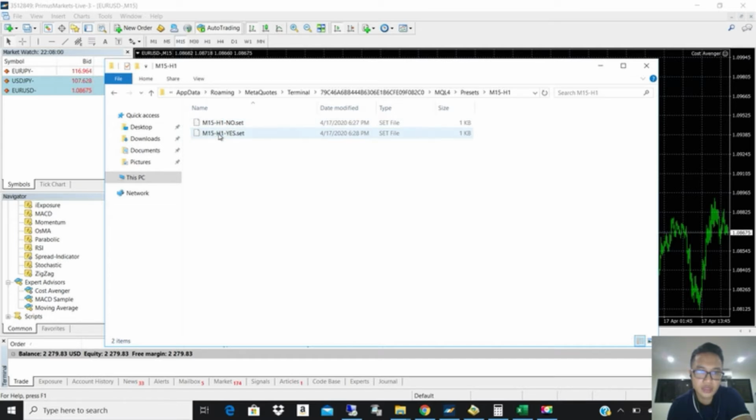Now, if you look at the settings here, we have M15H1 and then yes or no. The first time frame is the entry time frame where you will attach the robot, and the H1 is the trend time frame, which is the one that you will choose at the settings.